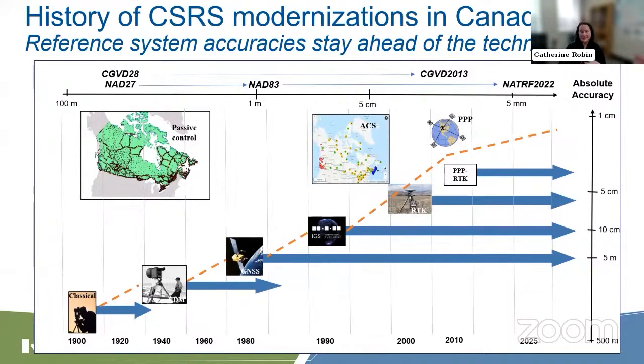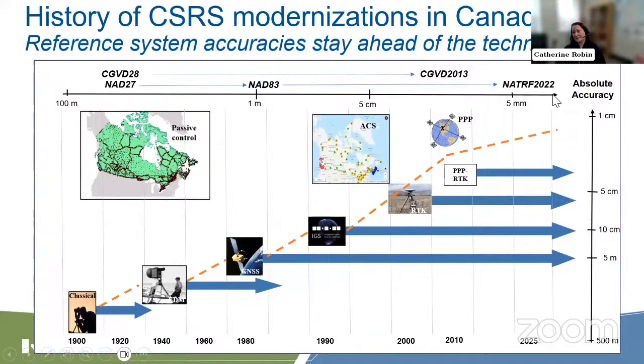So this is the kind of evolution that happens. You have a system, you get new technologies, and here I'm showing the evolution of the technologies. They both identify problems with the system and allow you to access the system more accurately. On the geometric side, we had NAD 27, introduced NAD 83 in the 80s and 90s, and now it's 50 years later, and it's time to update that as well.